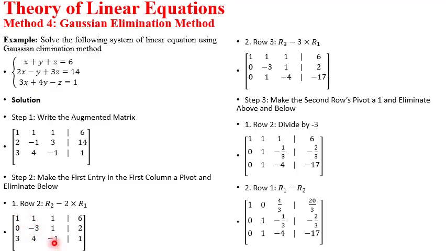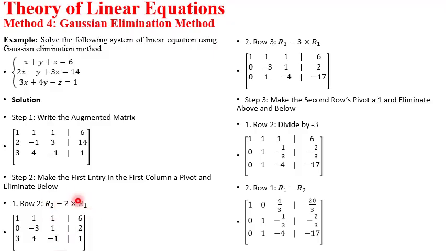The idea is to eliminate the off-diagonal elements, this and this to become 0, this and this to become 0, and to ensure that the diagonal elements become 1, 1, 1 in the form of an identity matrix.